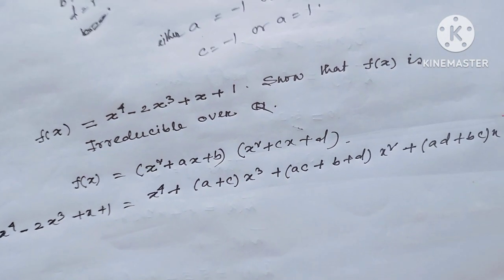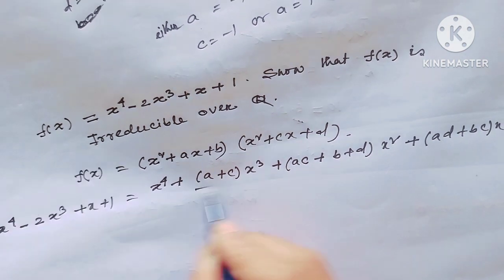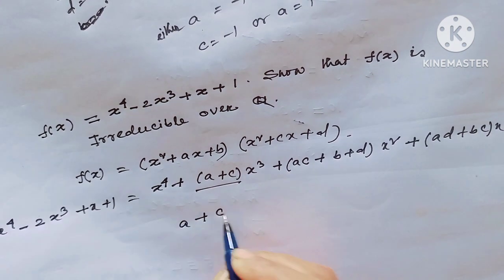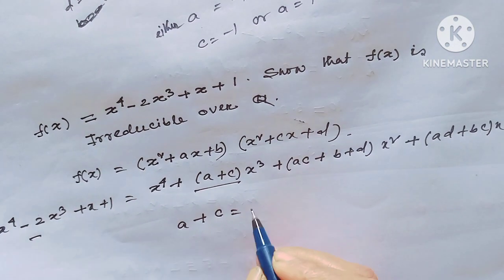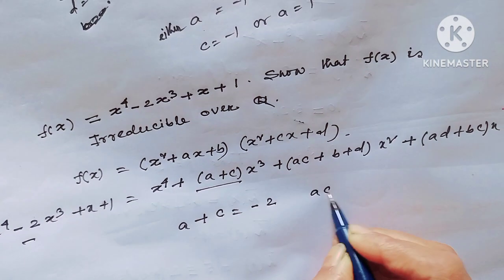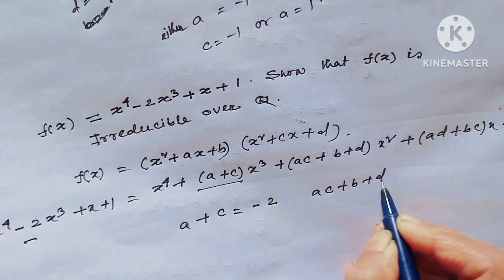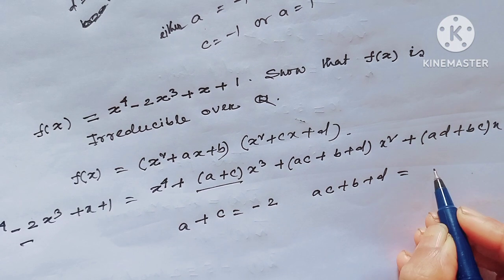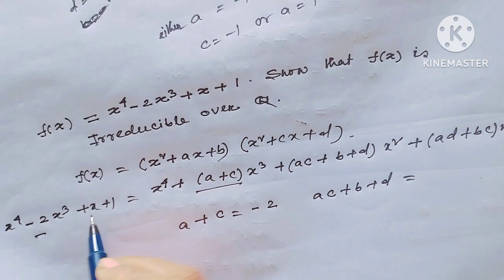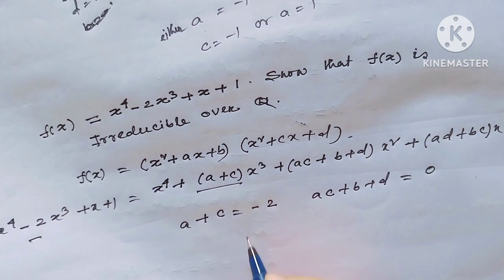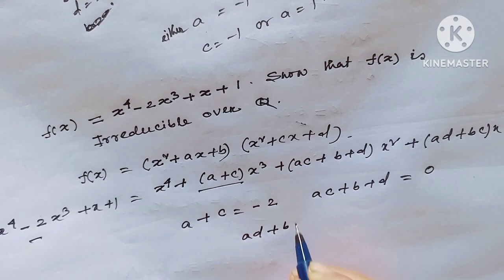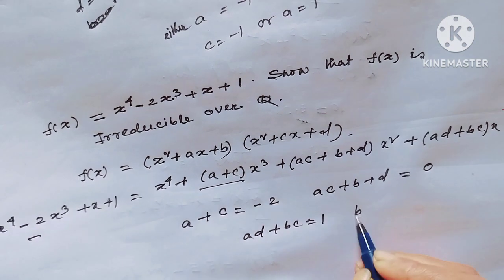Just compare both sides, then I will get a plus c equal to minus 2, ac plus b plus d equal to 0, since there is no x square term, ad plus bc would be 1 and bd equal to 1.